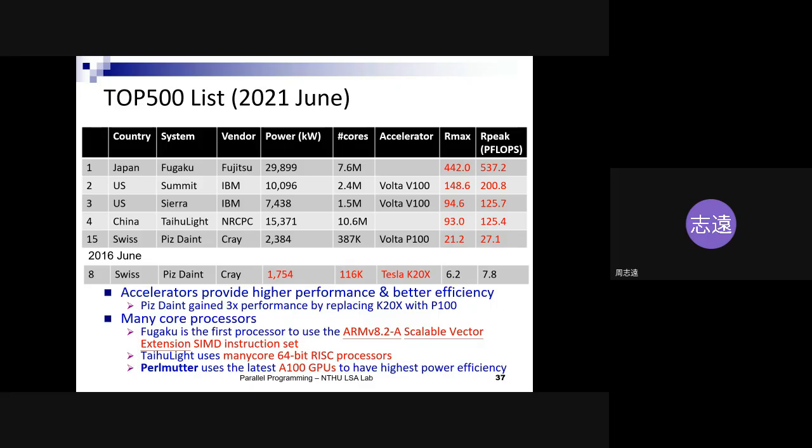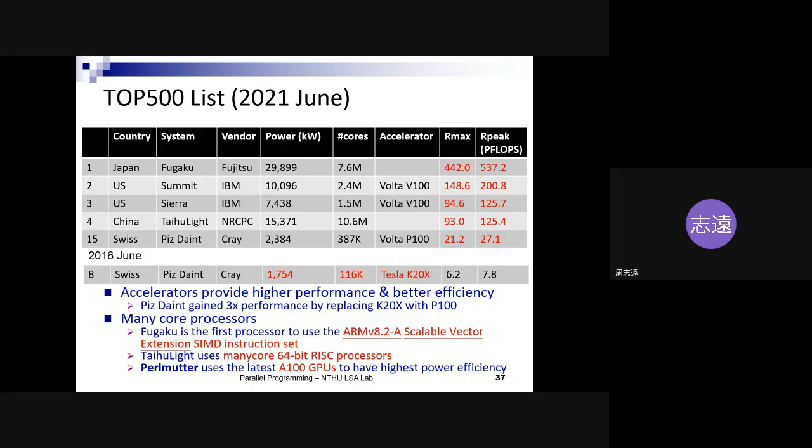Then you can see their R max and R peak increased by almost more than triple. So you can see how much performance can be provided by those accelerators. So of course, GPU programming is important. It's one of the most important parts of this course as well.